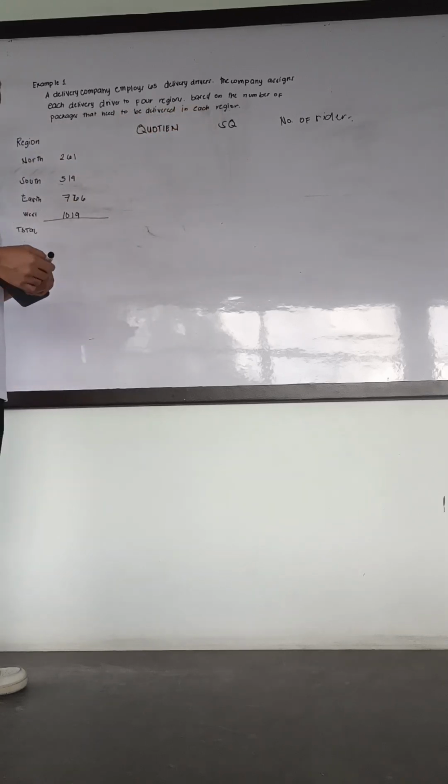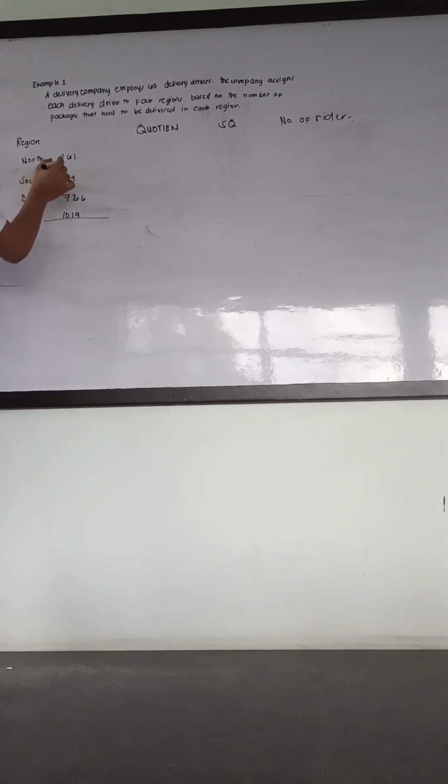For the regions, we have north, south, east, and west. For the population in each region, we have north 261, south 514, east 766, and for the west we have 1019.